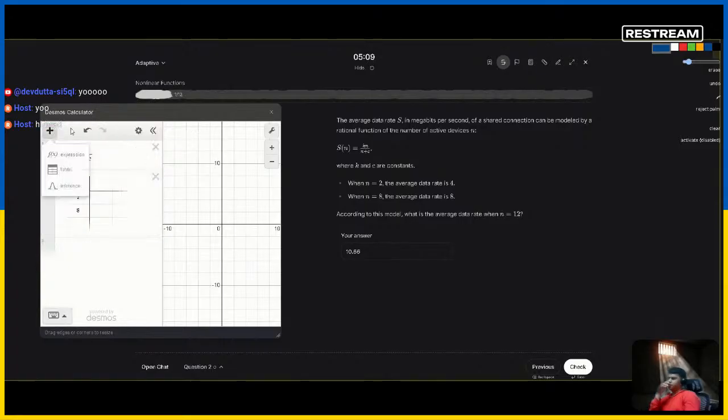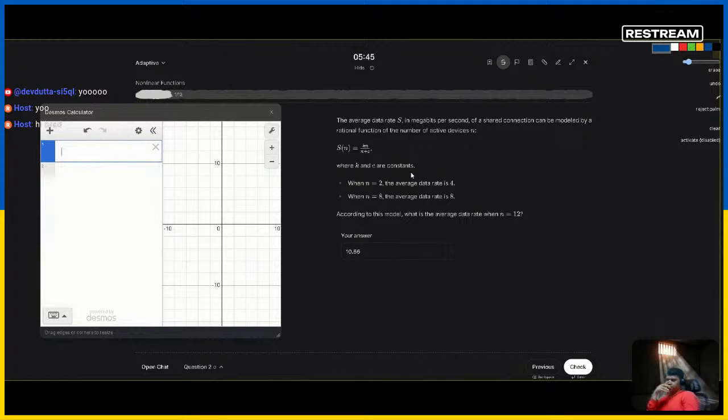Let me read the question. The average data rate in bits per second of a shared connection can be modeled by a rational function of the number of active devices n, where k and c are constants.